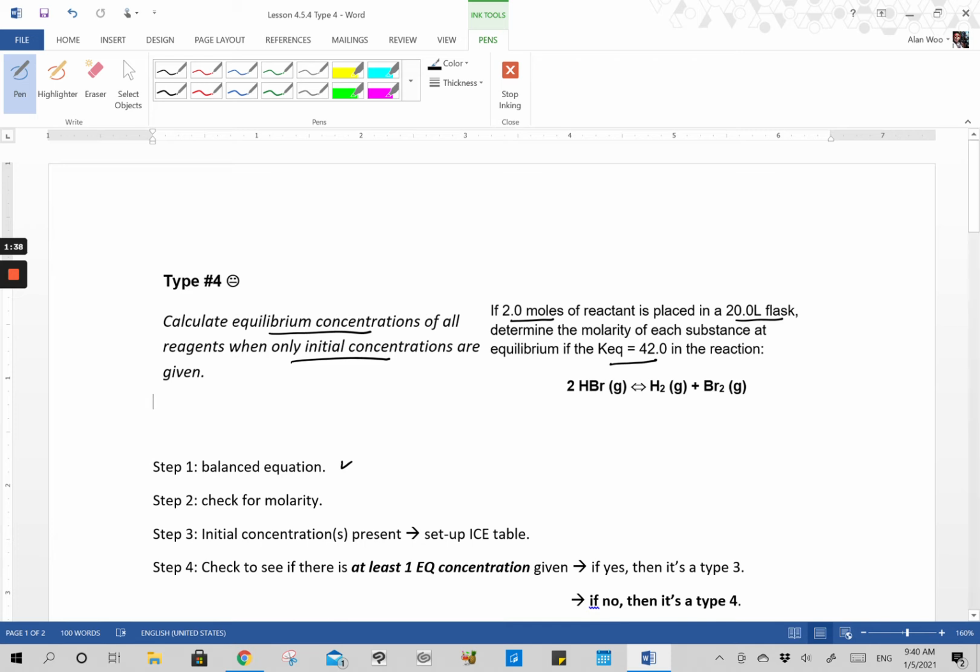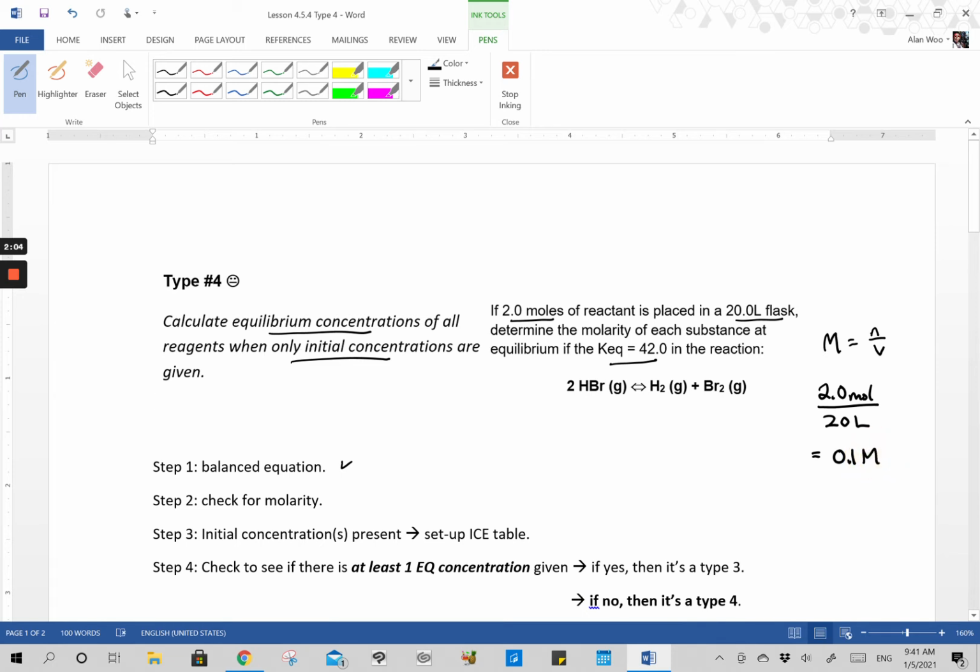Since you have moles and you have volume, molarity is basically just n over V. So you can calculate molarity because it's not given to you. If we do a quick calculation here, it'll be 2 moles over 20 liters, which equals 0.1 molarity.